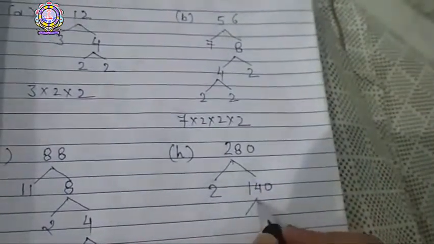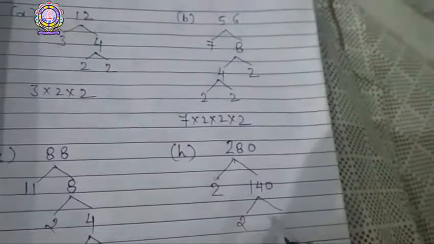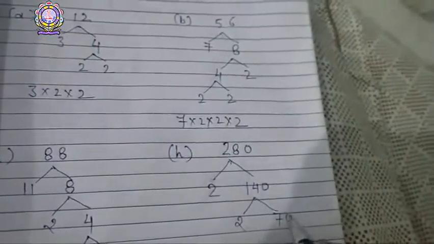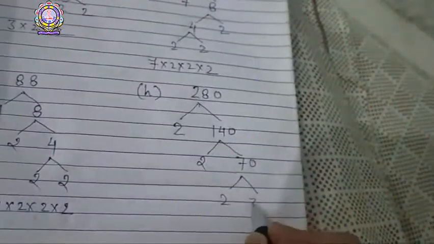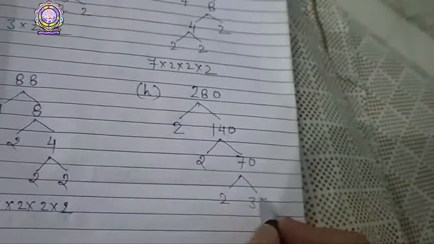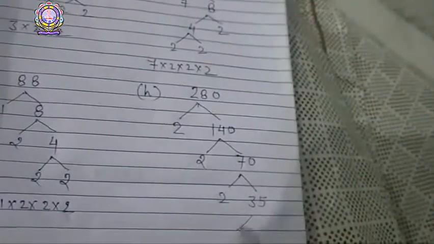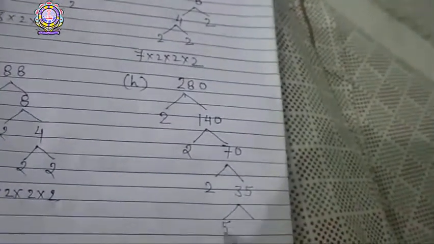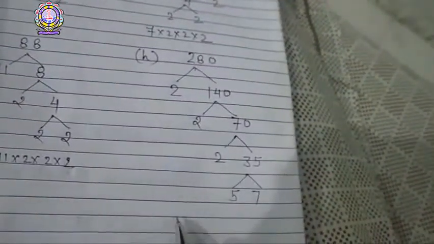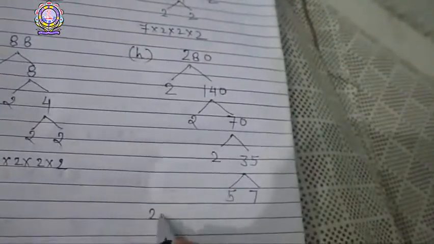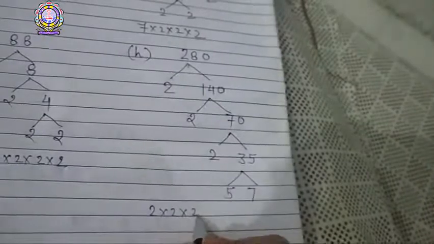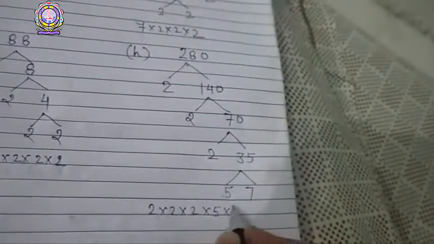Again divide 140 by 2, 2 sevens are 14, 0 as it is. Divide 70 by 2, 2 threes are 6, 1 is left, 2 fives are 10. And 35 divided by 5, 5 sevens are 35. So we got all the prime factors of 280: 2 multiplied by 2 multiplied by 2 multiplied by 5 multiplied by 7.